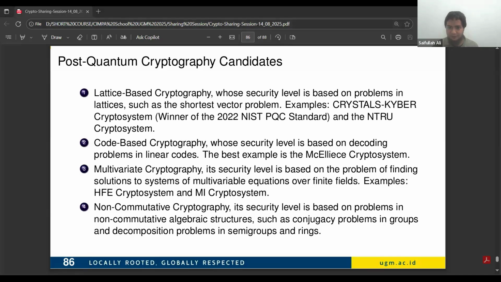The exercise and the materials are already shared in the chat column.